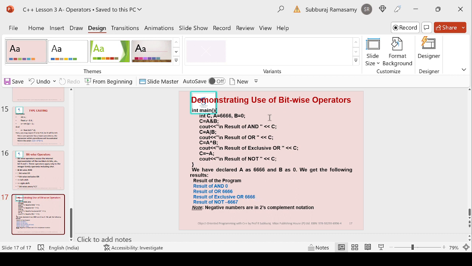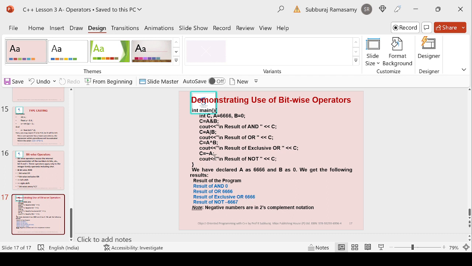Understood? Let's take only 4 bits. A is 1010, B is all zeros. 1 exclusive or 0 is 1, 0 exclusive or 0 is 0, 1 exclusive or 0 is 1, and 0 exclusive or 0 is 0. So you get 1010, the same as A itself. So the exclusive or of A with zeros gives A.